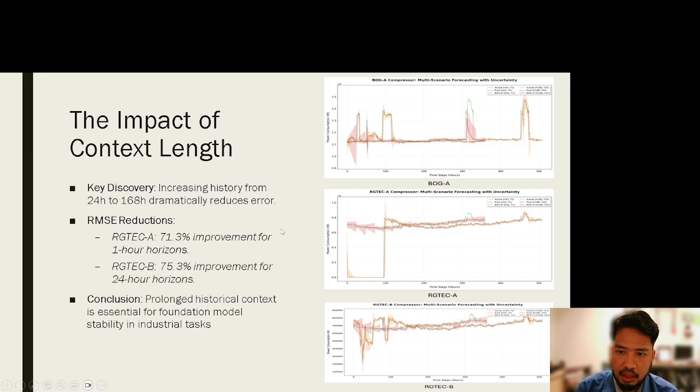So the conclusion is that prolonged historical context, meaning the bigger the context window for prediction, is essential for foundational model stability in this kind of industrial task.